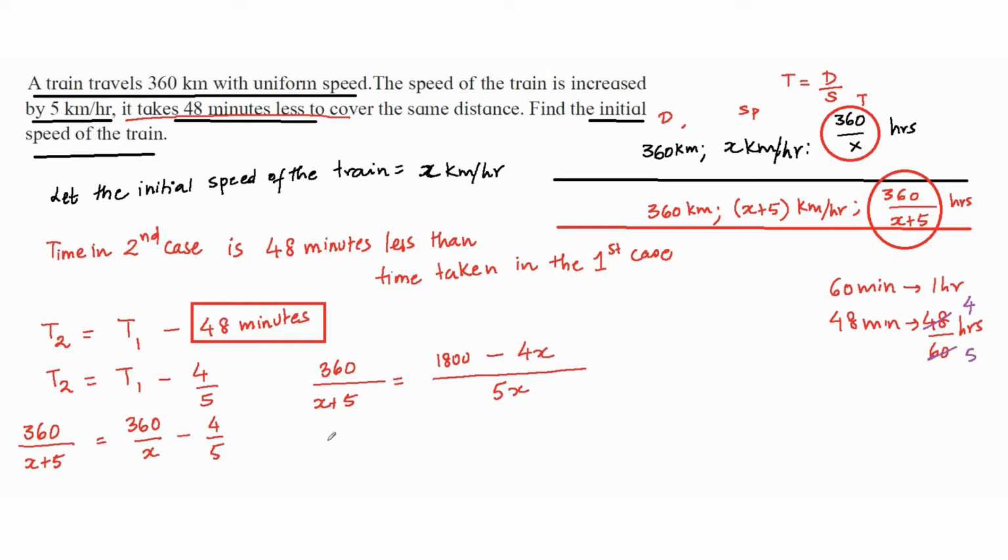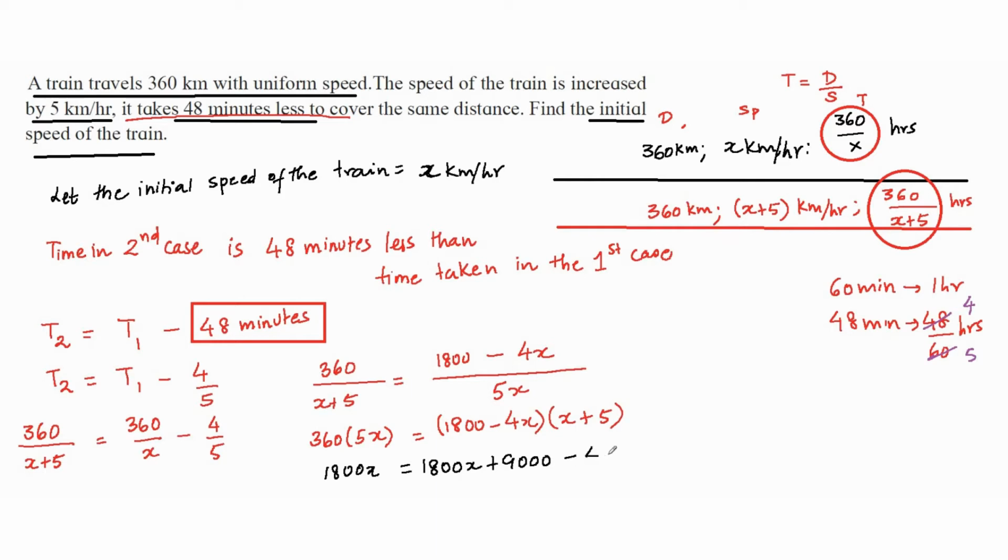Cross multiply, so 360 multiplied by 5x is equal to 1800 minus 4x multiplied by x plus 5. So 360 into 5x is 1800x is equal to 1800 into x is 1800x. 1800 into 5 is 9000.